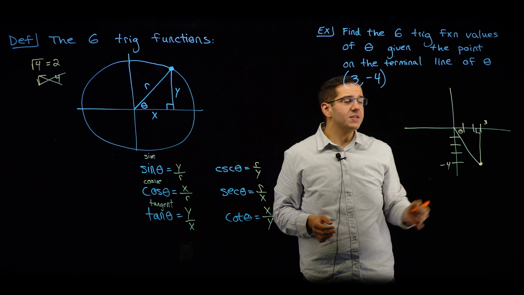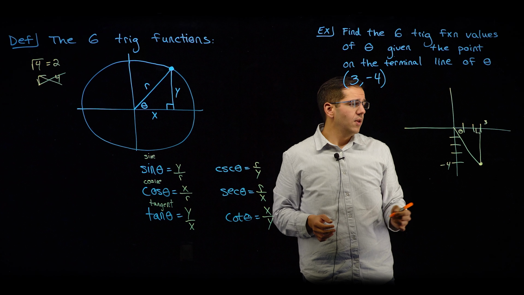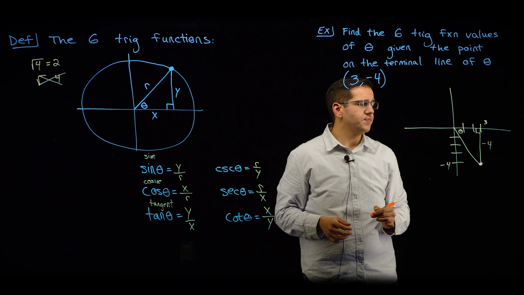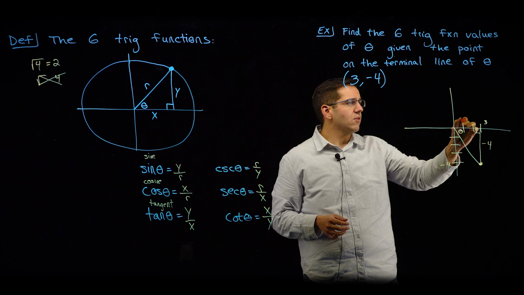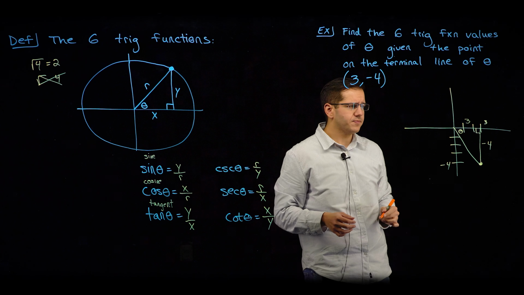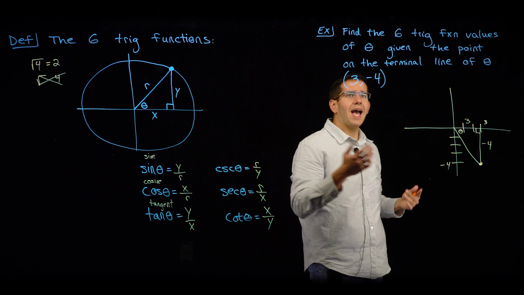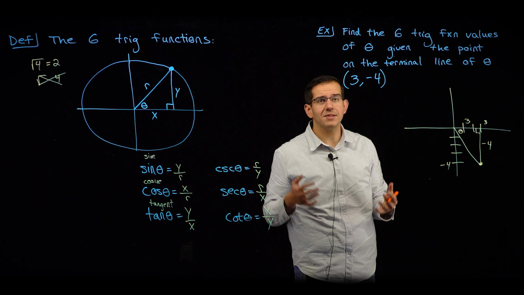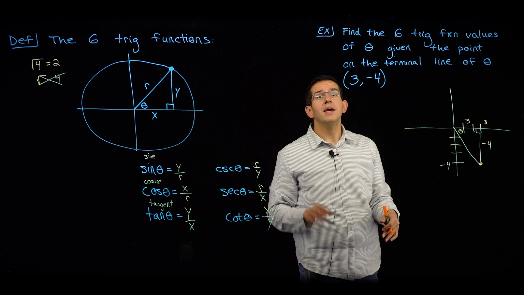We know 2 of the sides of this triangle because we know it goes down 4, which is negative 4, and it goes to the right 3, which is positive 3. You might be wondering, how can we have a negative side of a triangle if you've studied geometry in the past and they told you you cannot have that? And they're right.